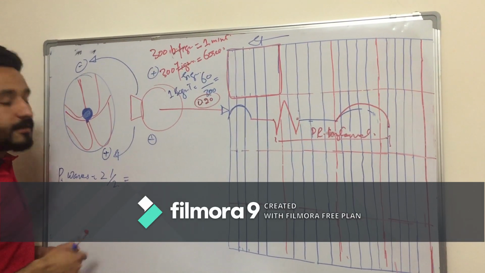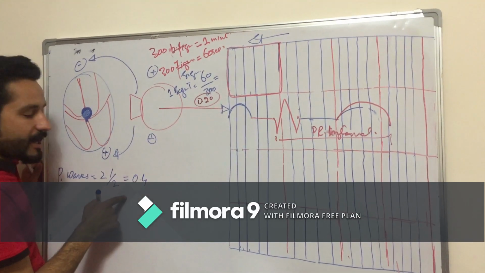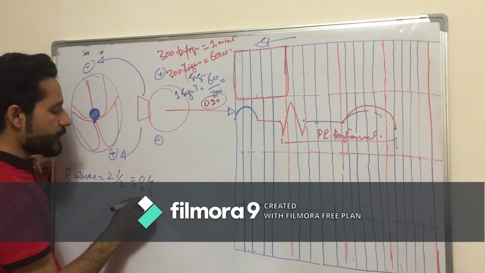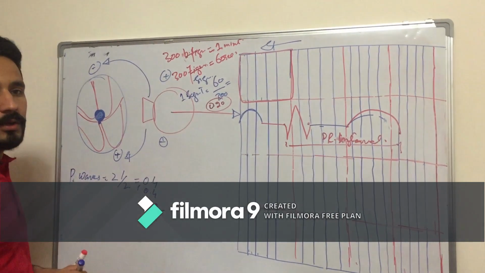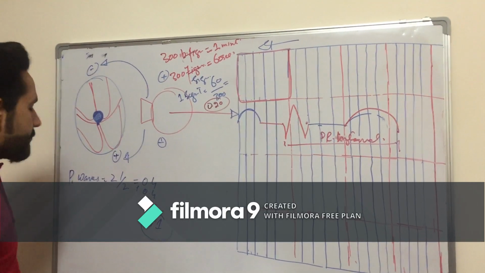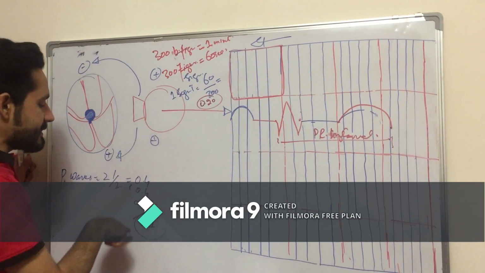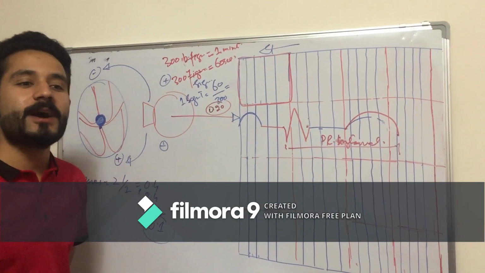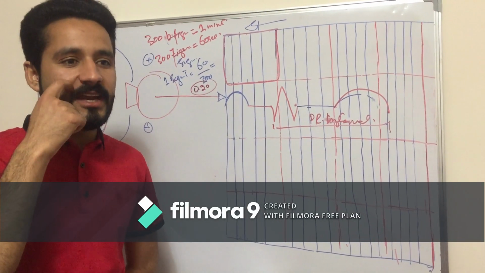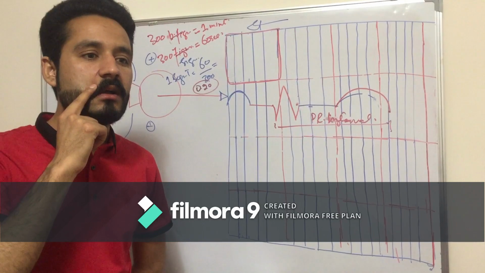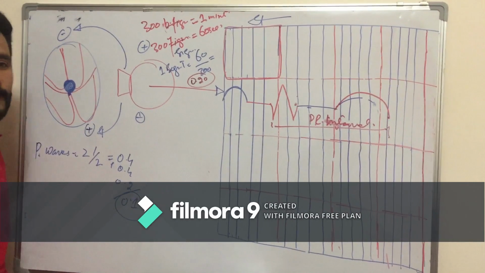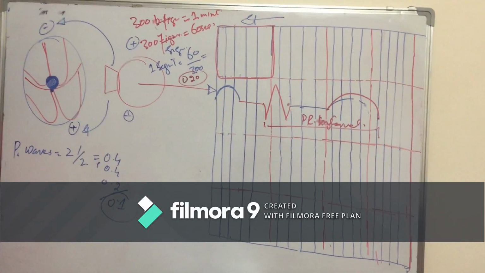How much second? 0.04. 2.5 means 0.04 plus 0.04 and half means 0.02. So the P wave formation takes 0.1 second, as we have already discussed. The SA node, when it generates electrical impulses, transmits them into the AV node in 0.1 second. This is the proof.